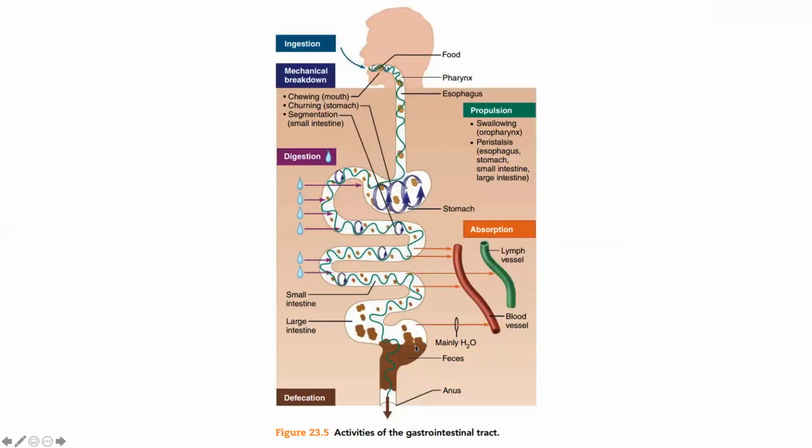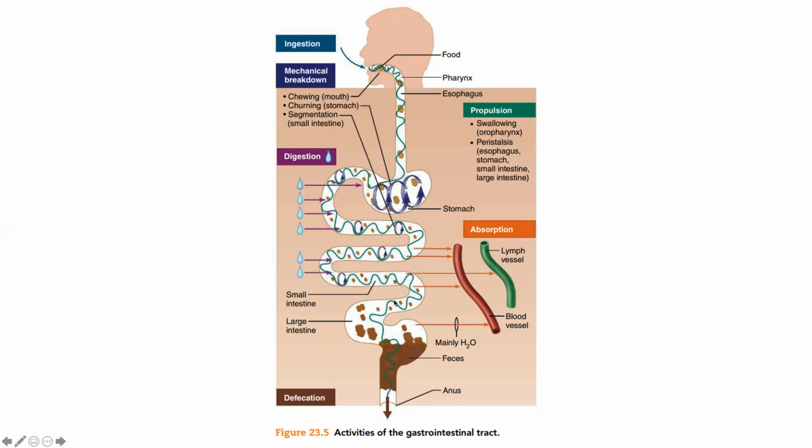So the mouth is for ingestion and mechanical breakdown. And the esophagus, which is the swallowing tube, is for propulsion, sending the food from the mouth to the stomach. And starting from the stomach, digestion and absorption start.